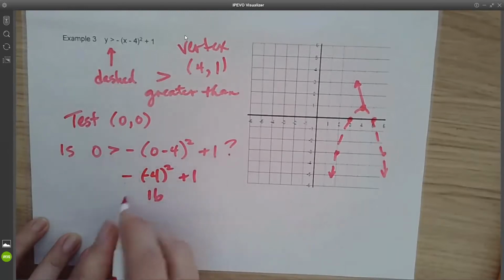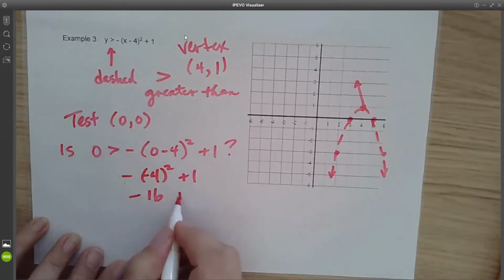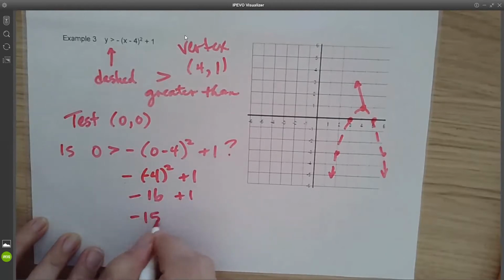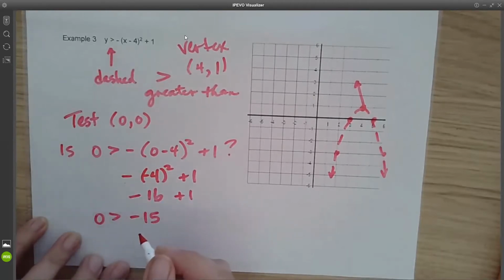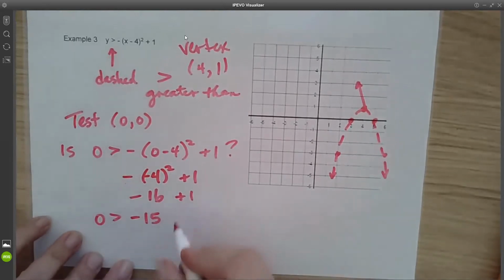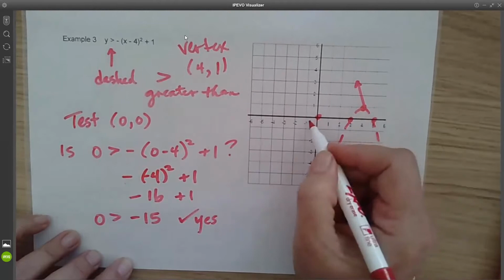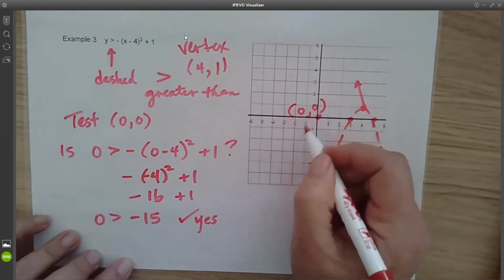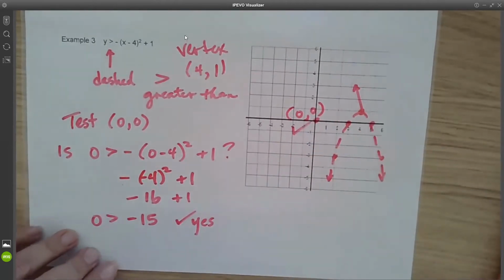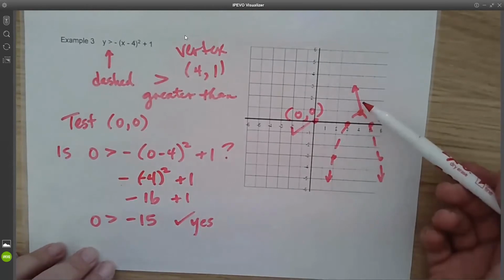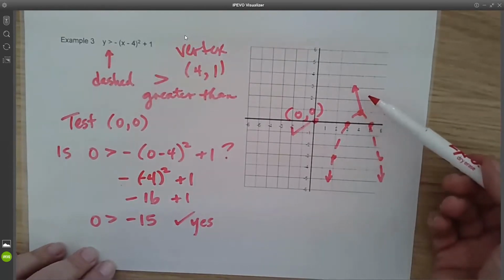This is 16. So negative 16 plus 1, that's negative 15. Is 0 greater than negative 15? Yes. So 0, 0 is a solution. That goes along with my solutions being everything greater than the vertex.